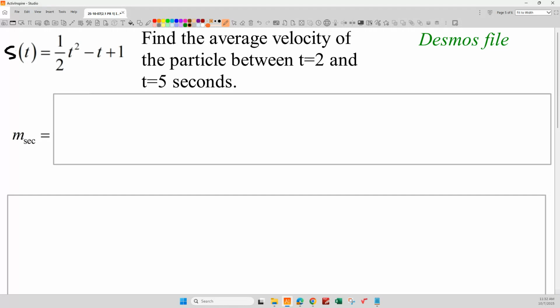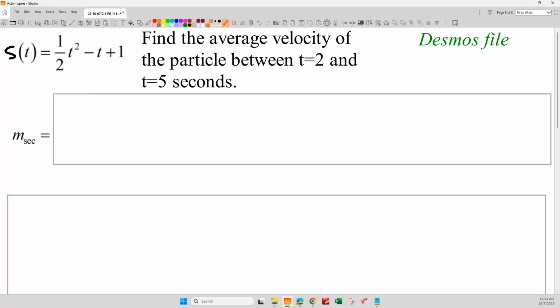Displacement, and displacement's a fancy word for just change in position, right? So change in position over change in time. How would I say that mathematically? What's the change in time for this problem? 3 seconds. How'd you get that? 5 minus 2. Okay.